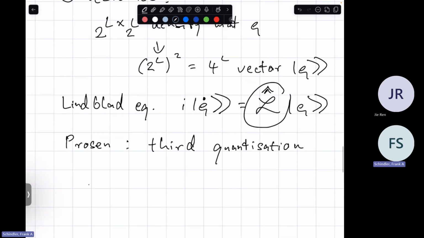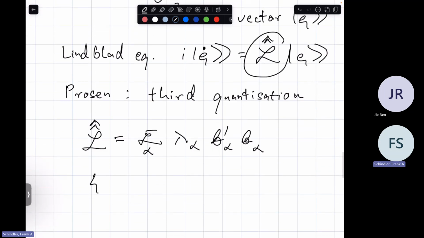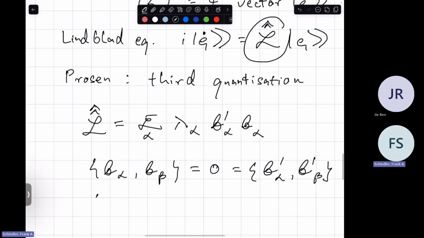And the final result is that we can write this big superoperator in the following form. We can write it in an eigenmode basis, where we have some eigenvalues lambda alpha, and then we have eigenoperators b dagger alpha and b alpha, which satisfy something called the almost canonical commutation or anticommutation relations. b alpha b beta is 0, as is b alpha prime b beta prime. But then we have the usual b alpha b beta prime is delta alpha beta.